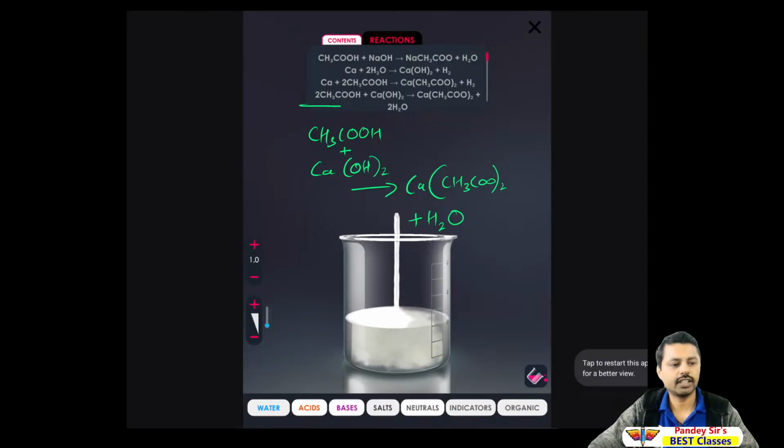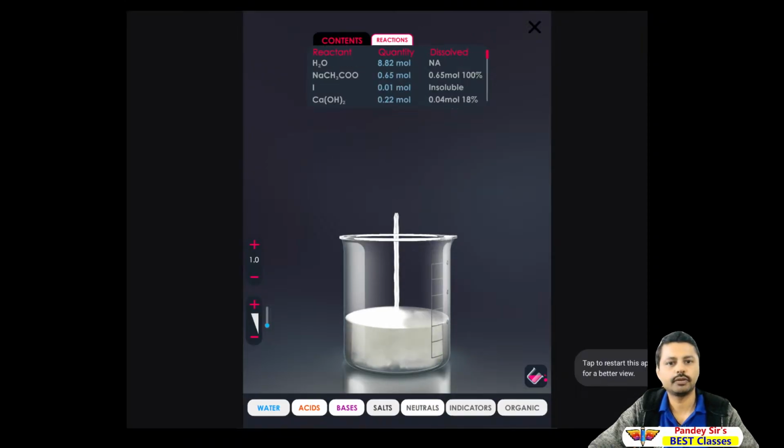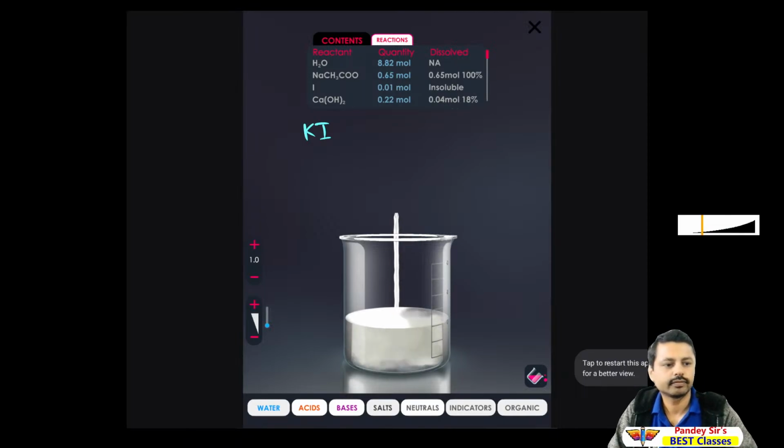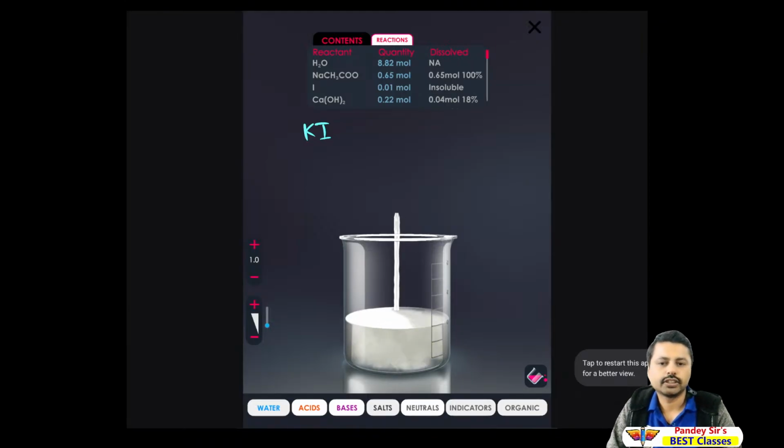Now the earlier reaction I am going to write, so that if it comes in the exam, you are able to understand. The earlier one was a student mixed potassium iodide. What's the formula for potassium iodide? It's KI. Potassium iodide with lead nitrate solution.